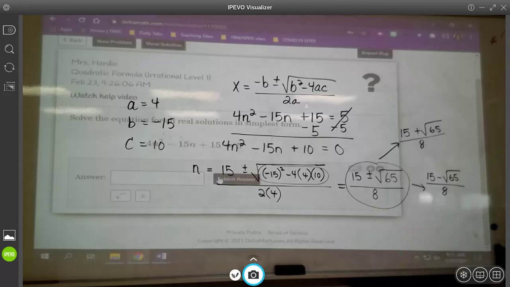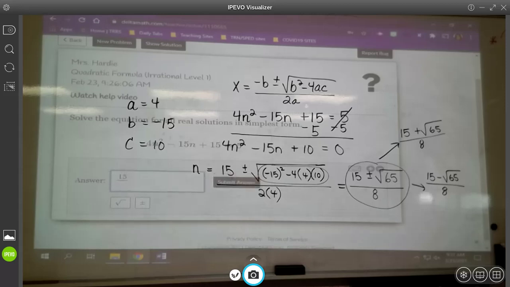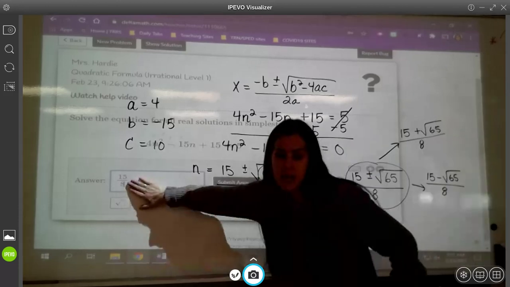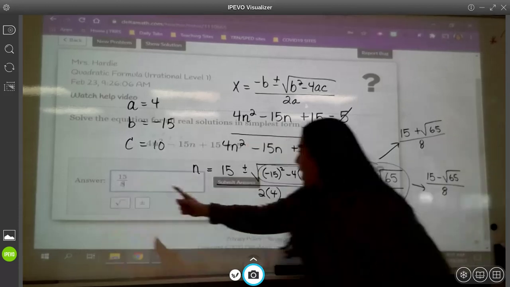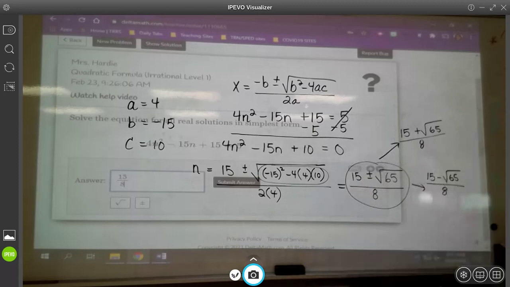So what I do is I go to my answer box and I do 15, I hit forward slash, and I put my 8. I create my fraction right away. And then I up arrow back to the top to put the rest of my numerator. So then I use the up arrow, and then I go over and then plus or minus the square root of 65.